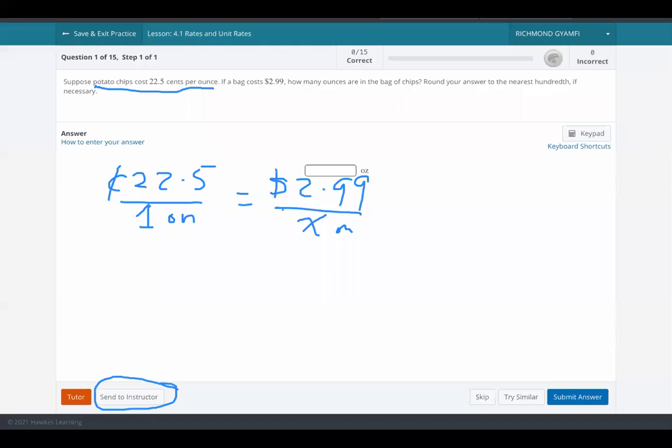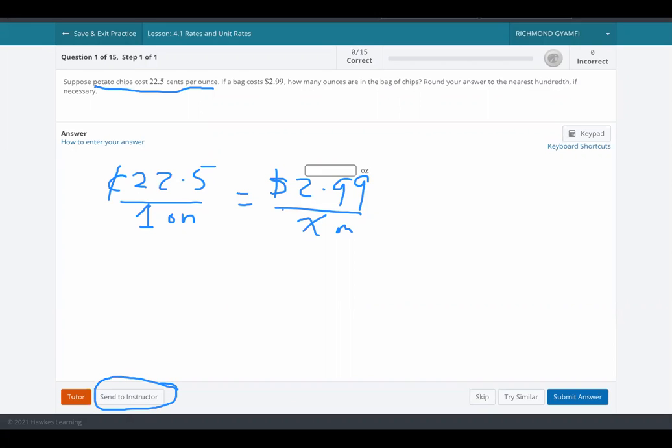So to do that, I am going to change the $2.99 to cents. How do I do that? To change $1 to cents, you multiply by what? 100. So you have 100 cents or 100 pennies.